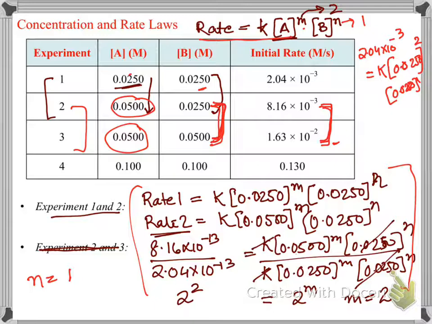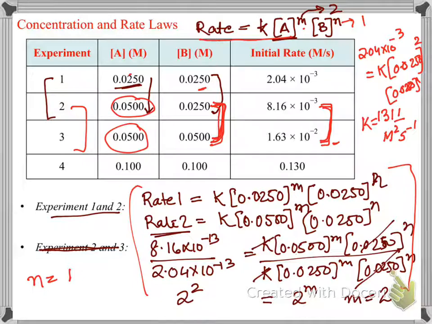If you look carefully, everything is given in this equation other than k. If you solve for k, it should come out to 131. And I'm going to write down the unit also. The unit will be 1 over M squared s, that is M to the negative 2 s to the negative 1.